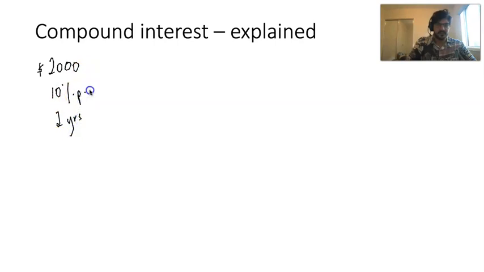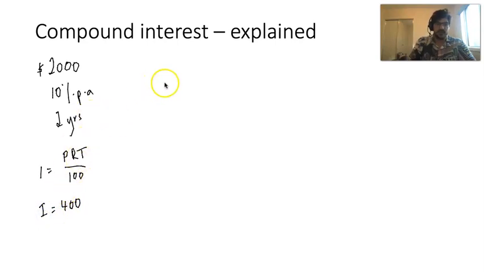When we use our simple interest equation, it'd be very easy. The interest earned on the account would be P times R times T divided by 100, and it would equal $400 at the end, so we'd have a total of $400 interest earned.